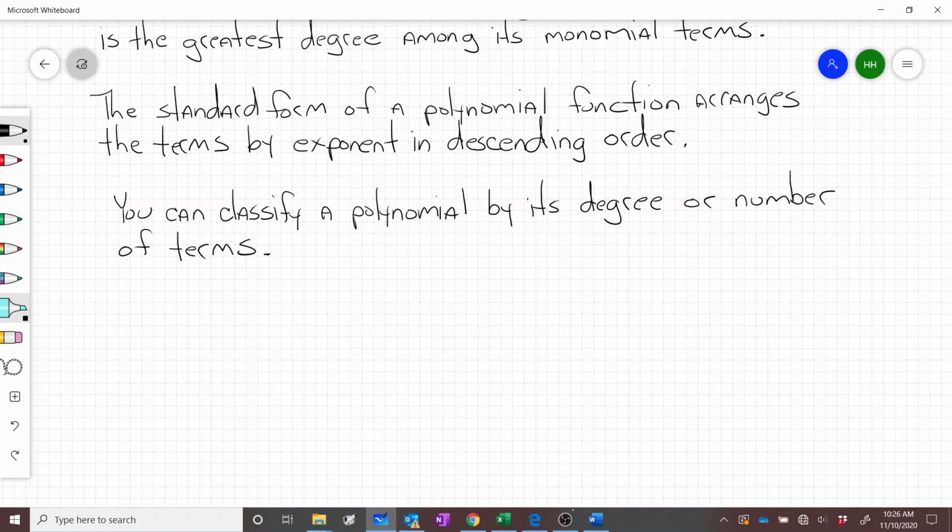Alright, so now we're going to build this little table that has headings: degree, name using degree, example, number of terms, name using terms.